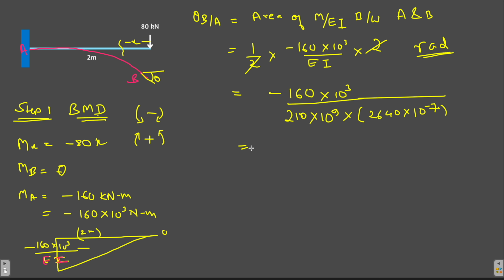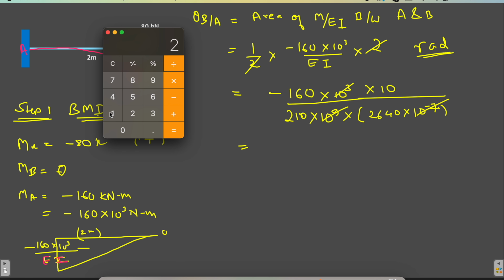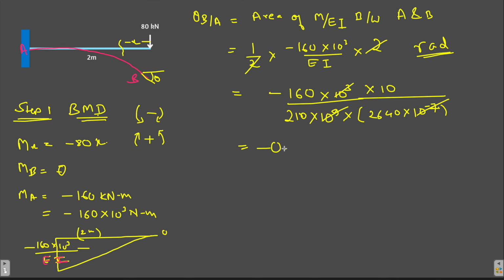Let me solve this for you. So this is plus 9 and minus 7, it is 10 to the power 2. This will become 10 to the power 2, and there is 10 to the power 3 in the numerator, so it will just cancel out and you will get the result as minus 0.0028 radians.